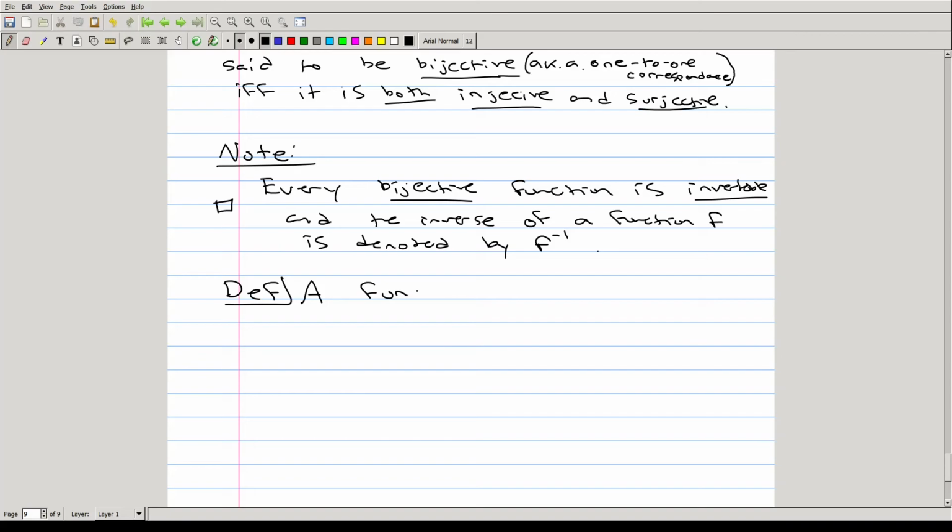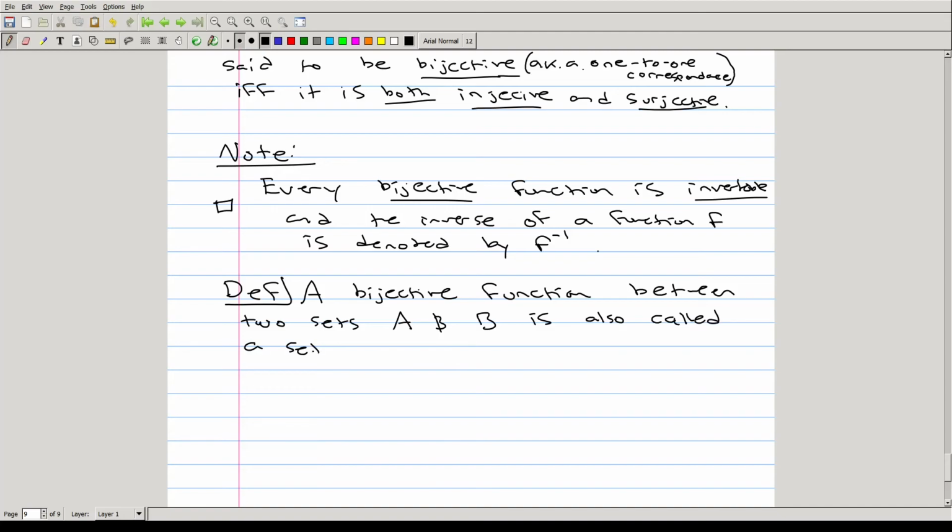So, I should be very specific here, a bijective function between two sets A and B is also called a set theoretic isomorphism.